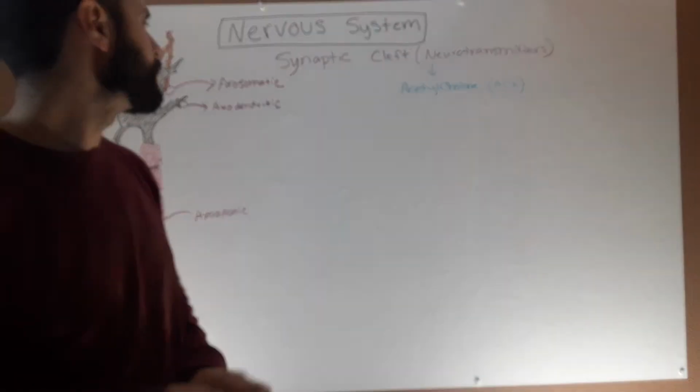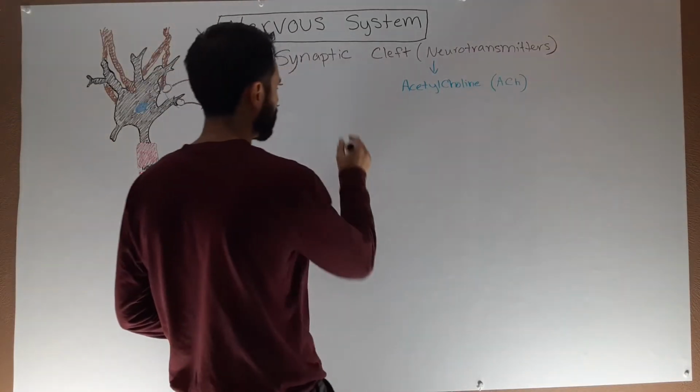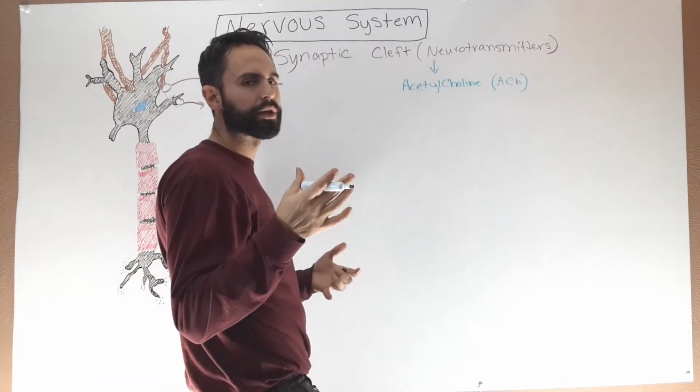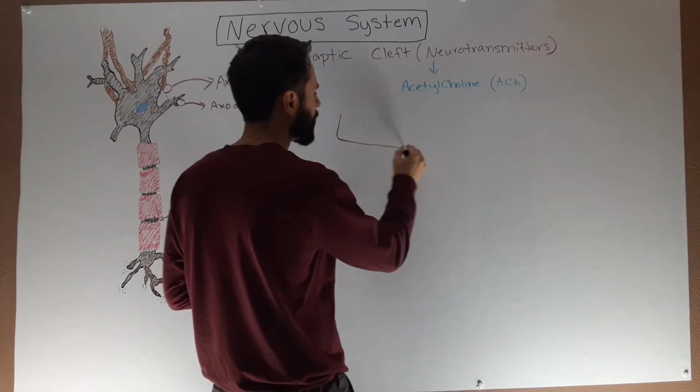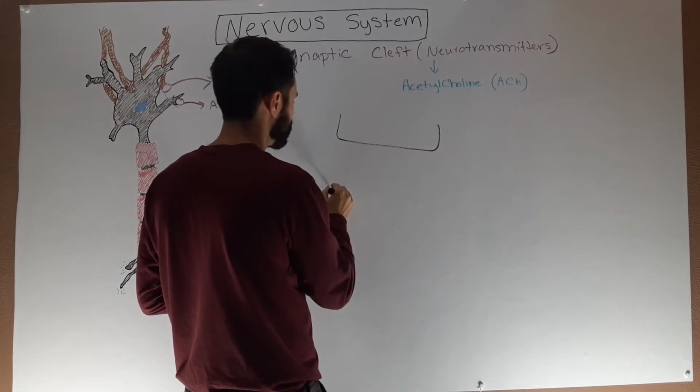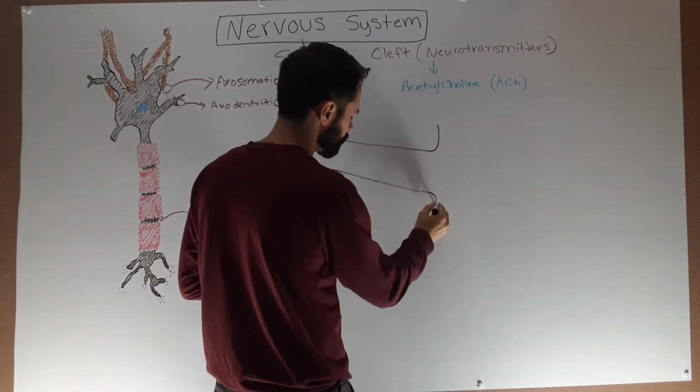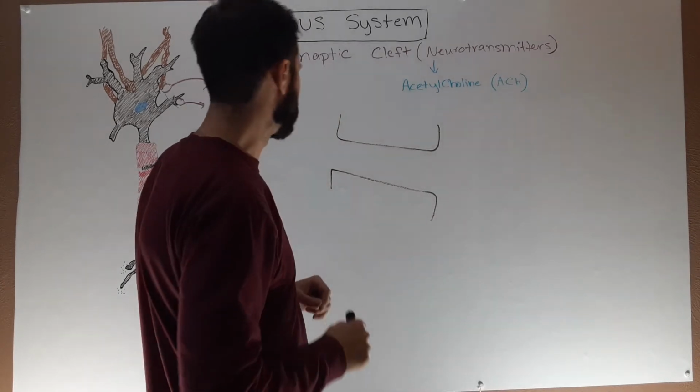Okay, we do need to talk about the neurotransmitter needing to go back. It can't just stay in that synaptic cleft forever, unless you're on those drugs that I talked about before, then it'll stay a lot longer.